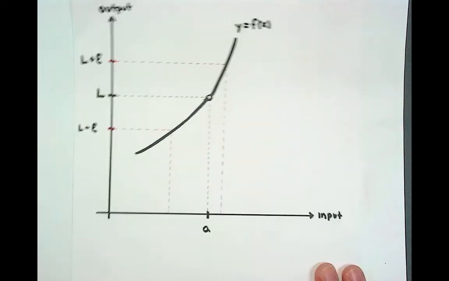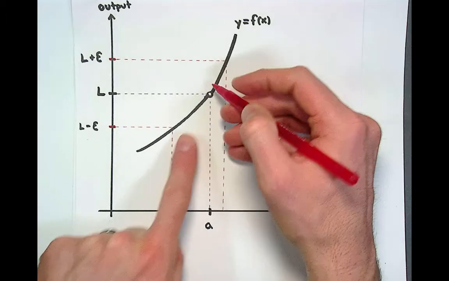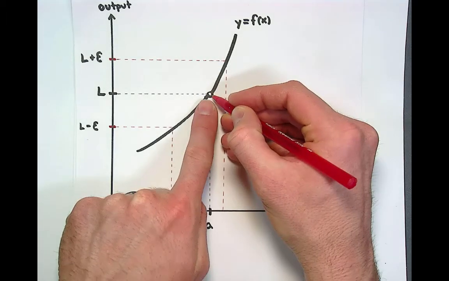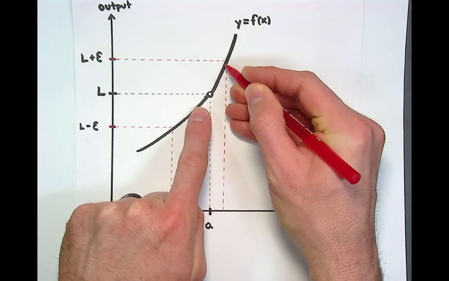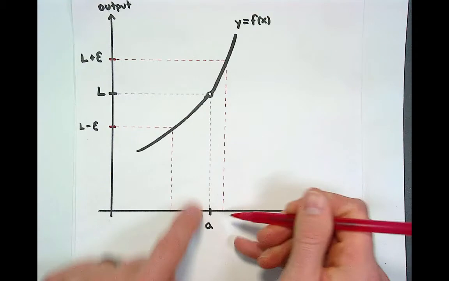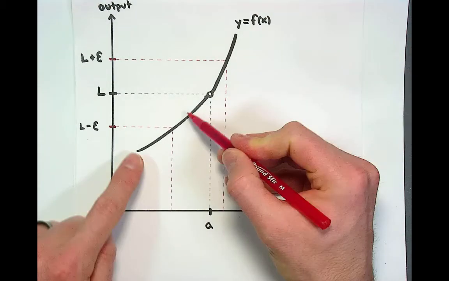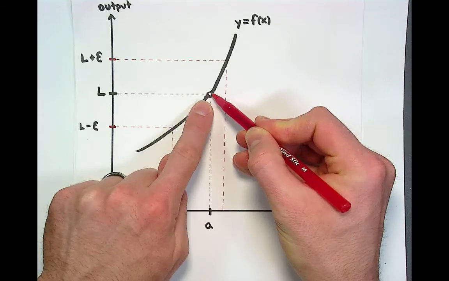Probably in your calculus classes, if you did not do a formal, precise definition of a limit, what you saw was, a limit exists. So in this case, the function value doesn't exist at L, but if you go towards the value of a from the right, and you go towards the value of a from the left, you actually get to the same limiting value.